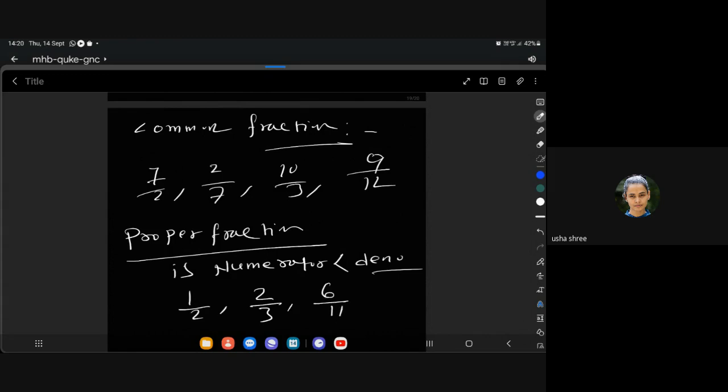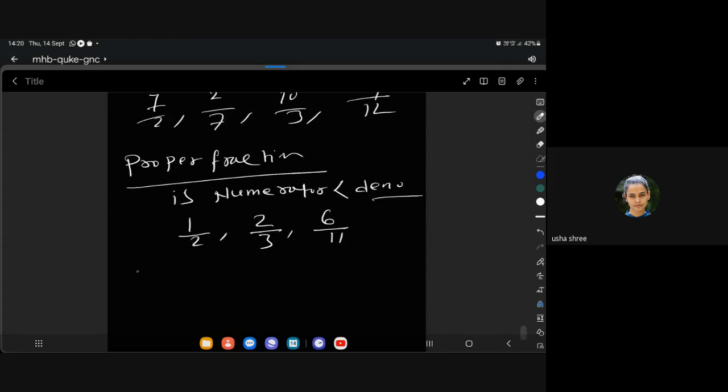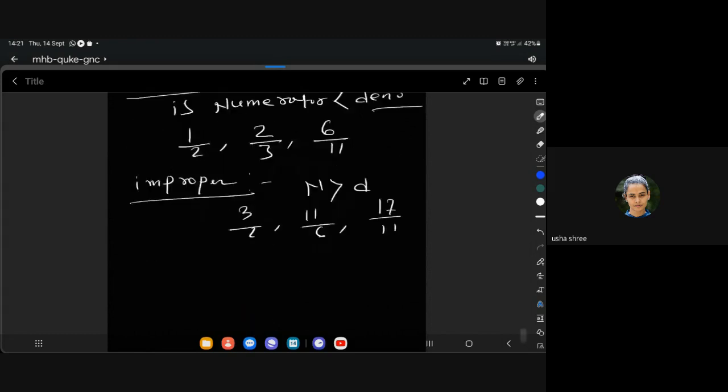These are called proper fraction. Then improper fraction. Improper means reverse. So the numerator will be greater than the denominator. It may be 3 by 2 or 11 by 6 or 17 by 11. These are called improper fraction.